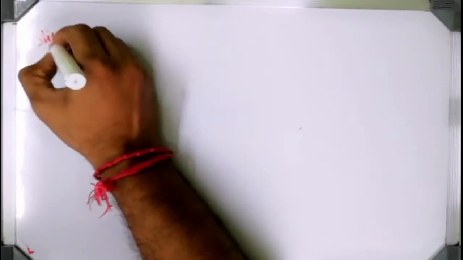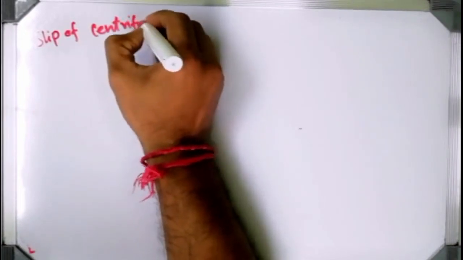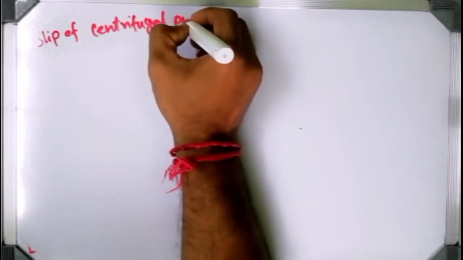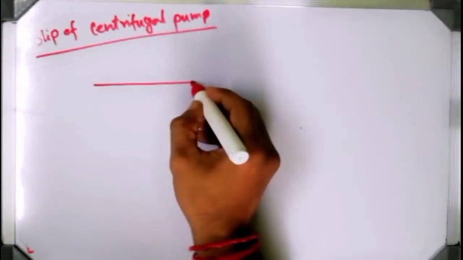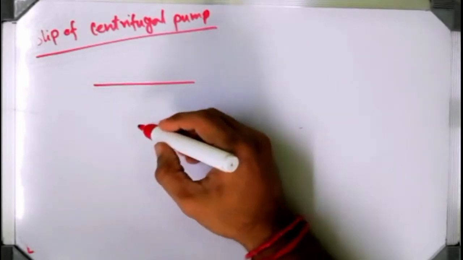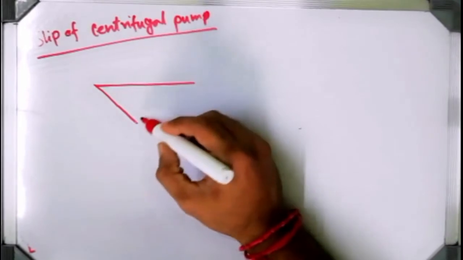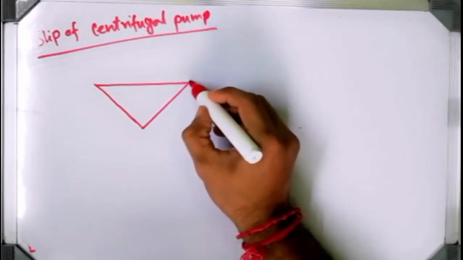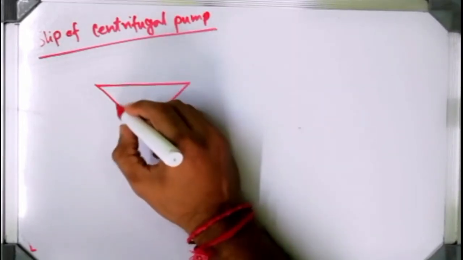The first conceptual thing is slip of centrifugal pump. That is a very important topic in the case of centrifugal pump. Just see the outlet velocity diagram. What I have drawn, I am again making that drawing. This thing is very important.